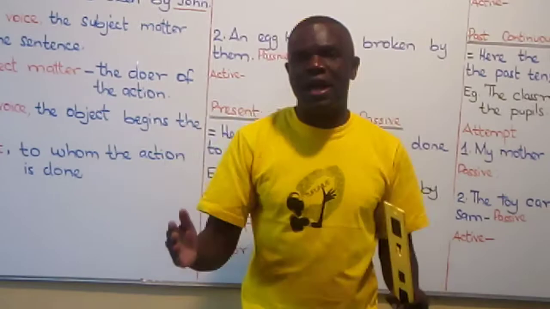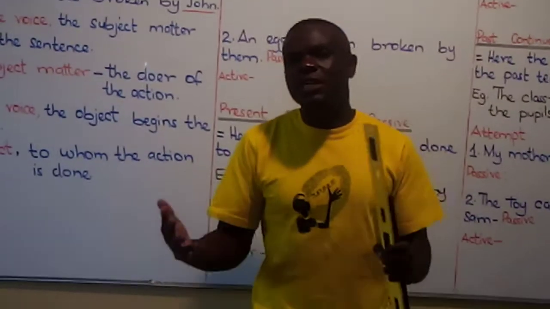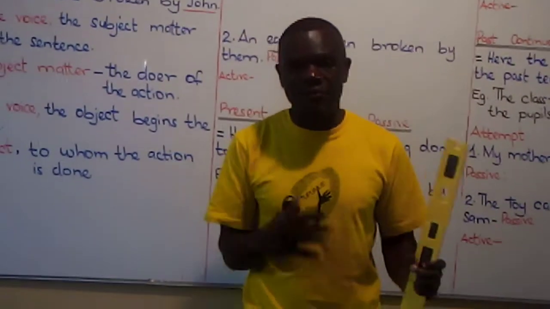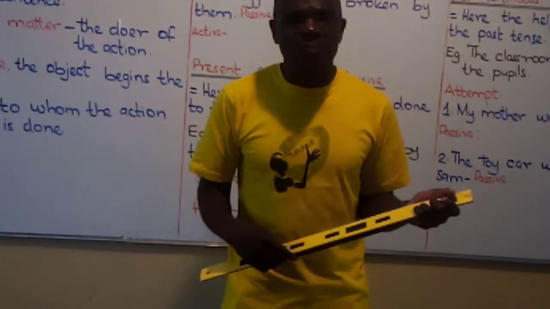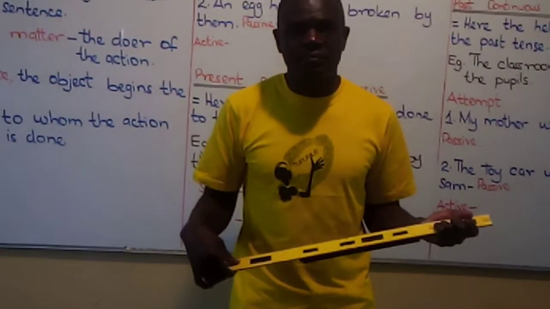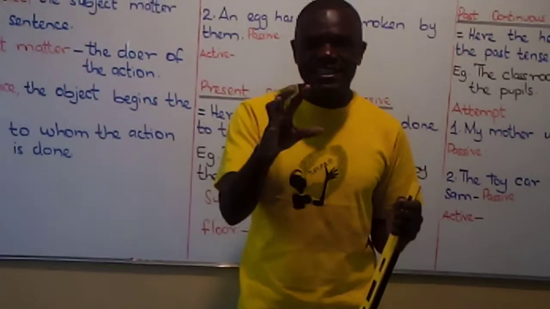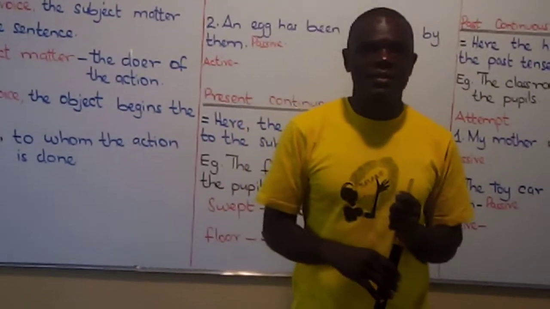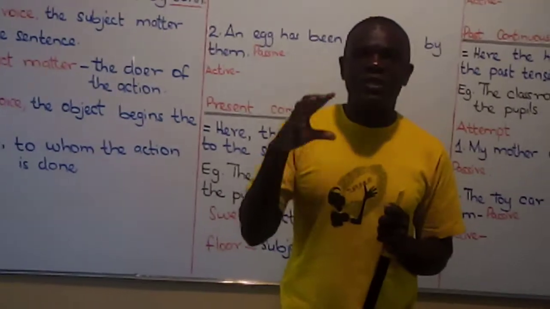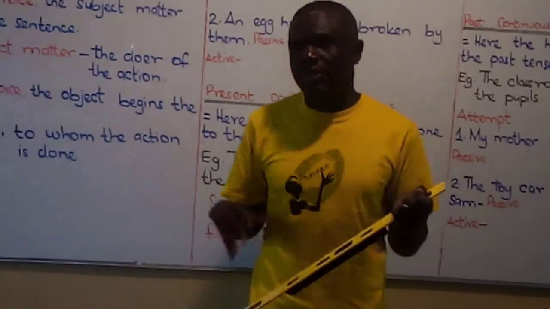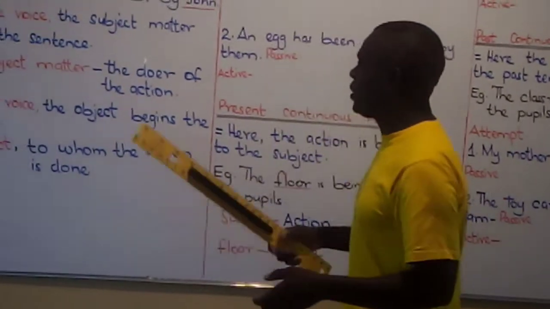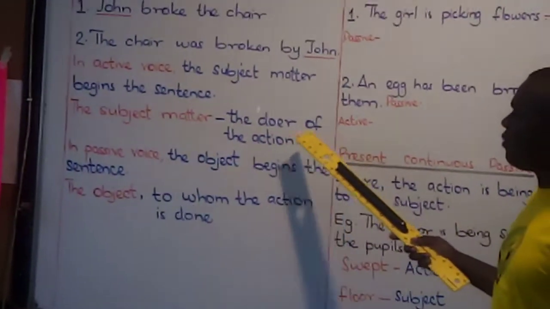The action is the verb. And so who did the action? That's the subject matter. When I say, Mom slapped the boy, Mom is the one that did the action. Right? The action was slapping. Who was slapped? The boy. The boy is the object. So here the subject matter is the doer of the action.